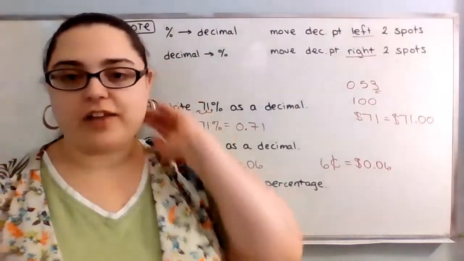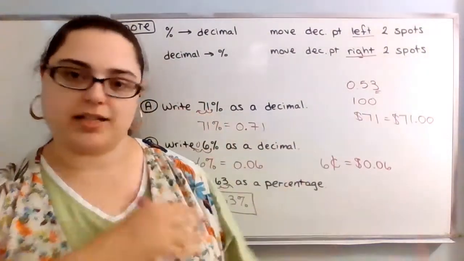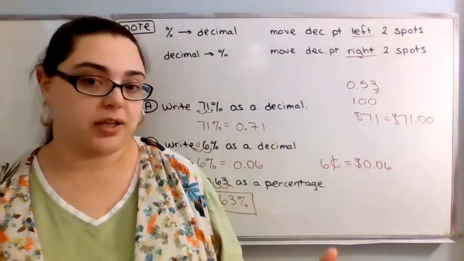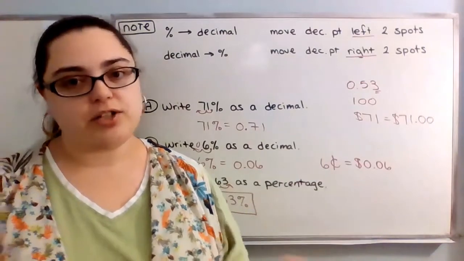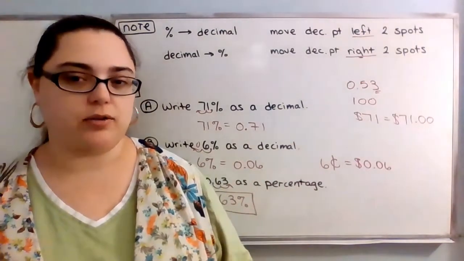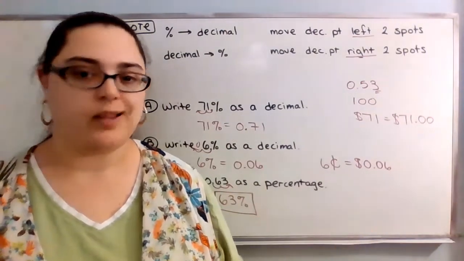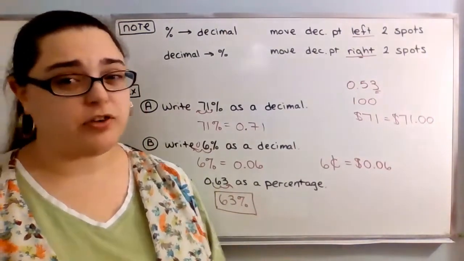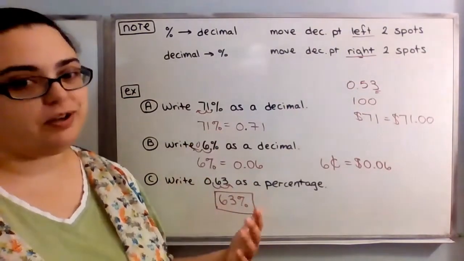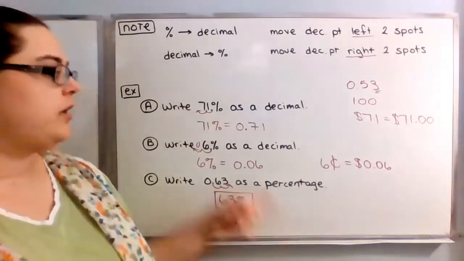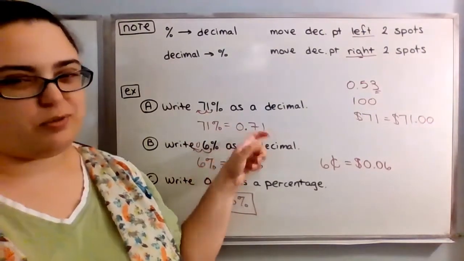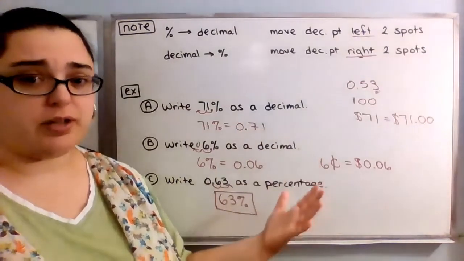To change from a decimal into percentage or percentage into decimal, you're always moving a decimal point 2 places, but the direction depends on whether you are dropping the percent sign or adding one in. Something else that helped me when I was first learning this was that the number for the percentage looks bigger than the number for the decimal. If I think about 71 or 0.71, 0.71 is small, 71 is big.